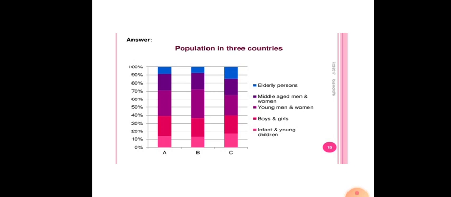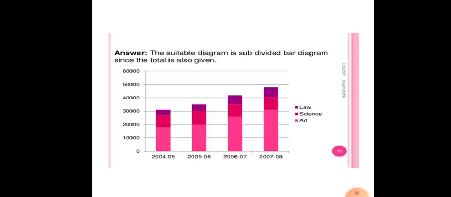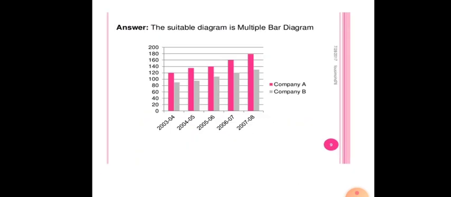In each bar it's showing all the factors, or all the results of the year or the country. Like this you have to draw the diagrams. For these one dimensional bar diagrams, prepare these slides as notes. Just try to understand.